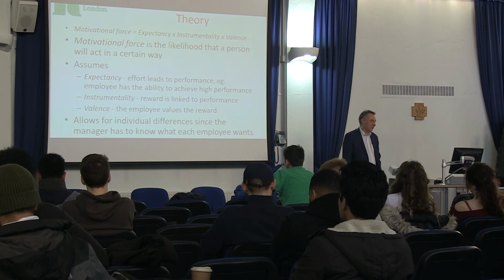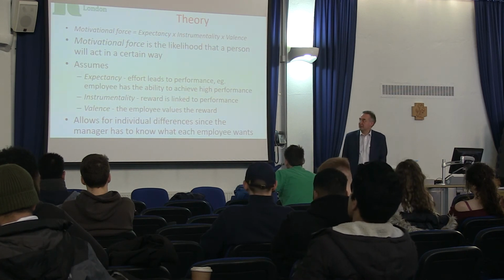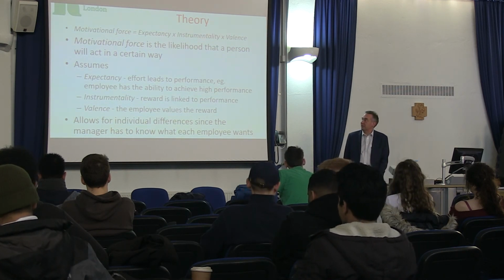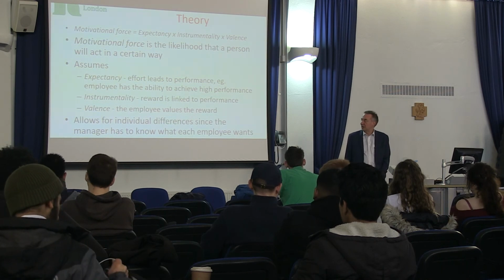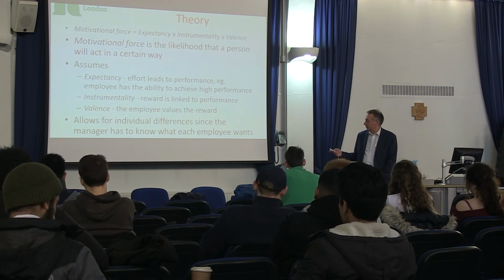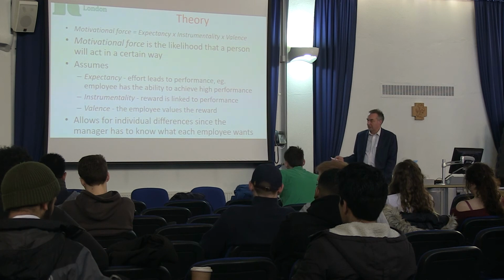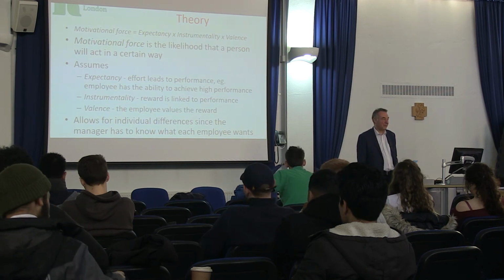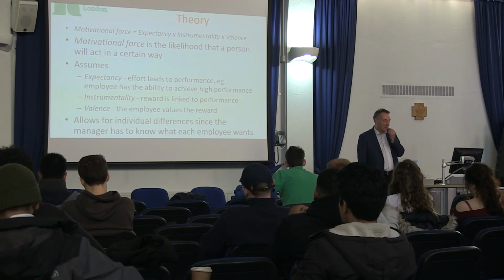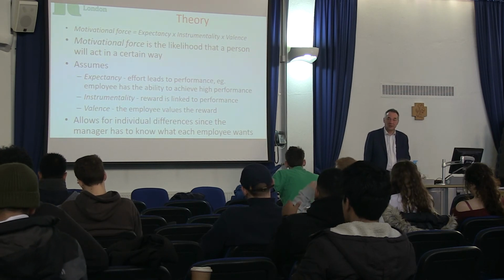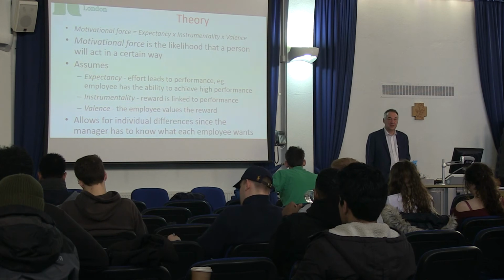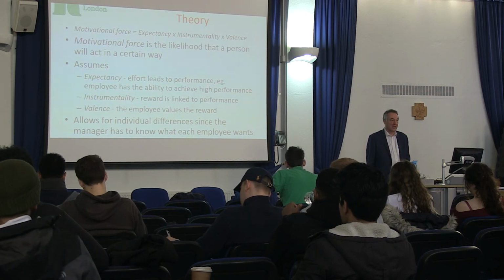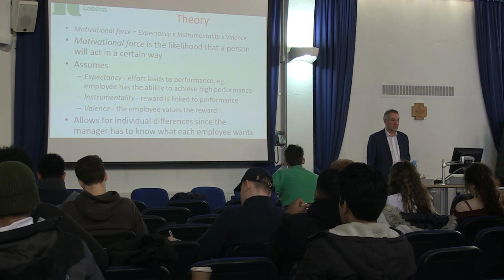Now, the thing about Vroom's expectancy theory is that people are motivated by different things. What somebody values, for example, is not the same as what somebody else values. So this theory is, above all the other three that we've looked at, very concerned about individuals and how they see things.